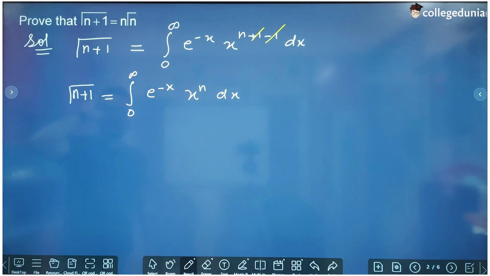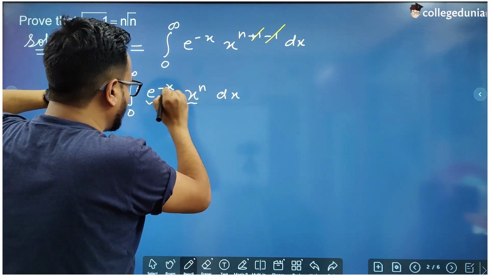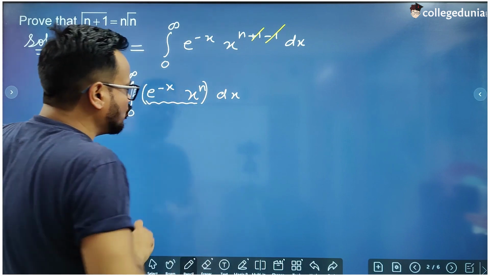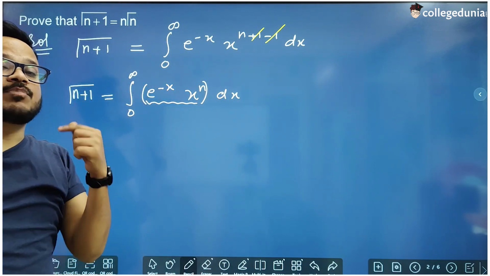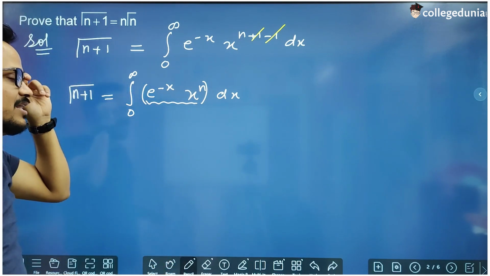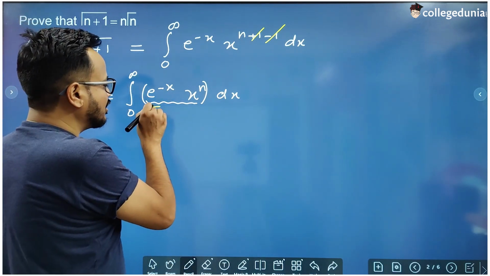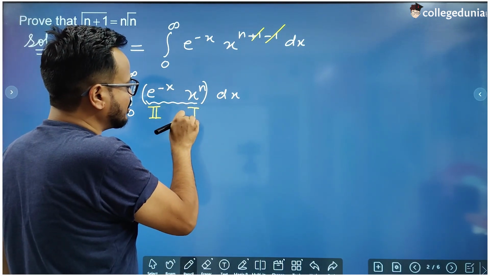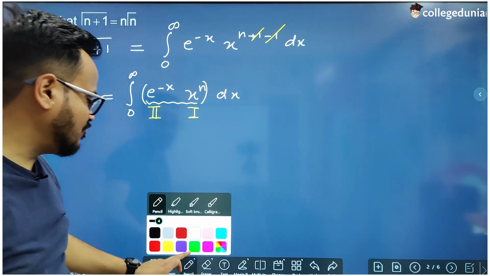this. Okay, so clearly we can see that it is a product of two functions, and to find the integral of a product we use the product rule in integration, which is called integration by parts, and in that rule this exponential function will be the second function, and this is algebraic function, so we will take this as first function.